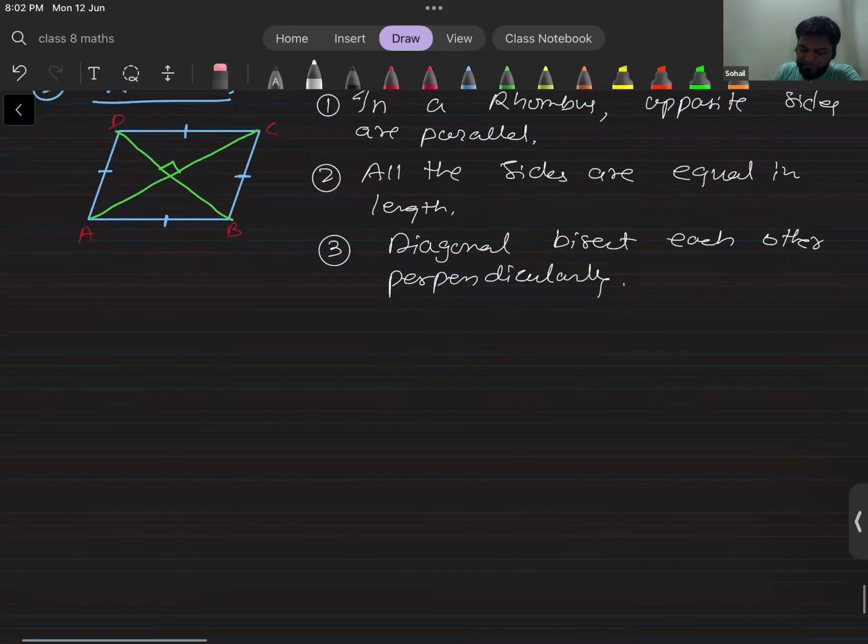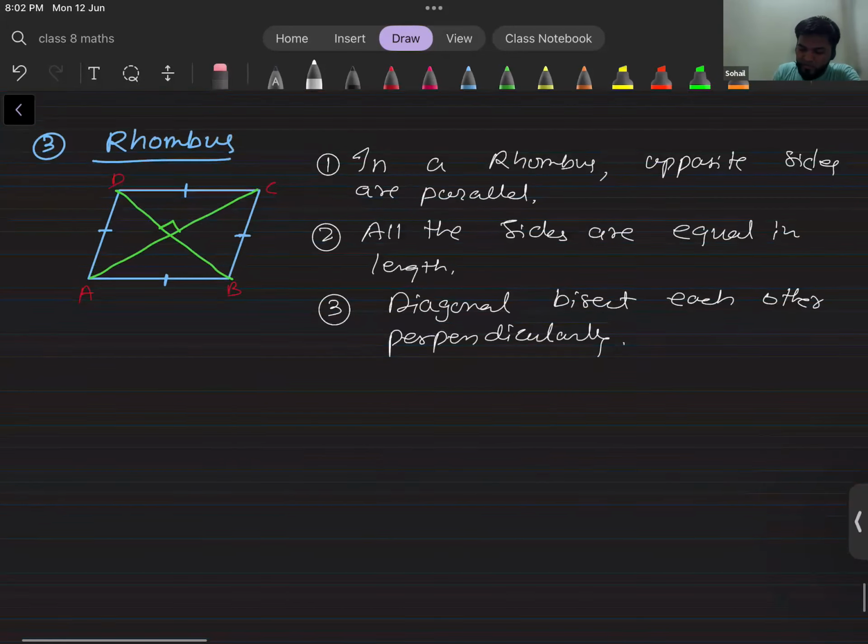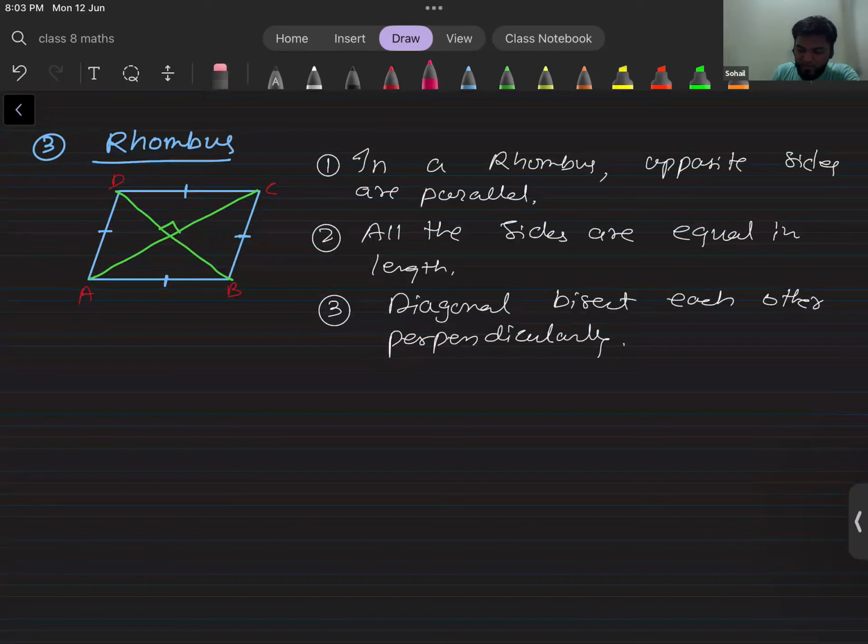All right, guys. If you are provided with a question, like in a given rhombus, your diagonals are provided. So this is 90 degrees here.